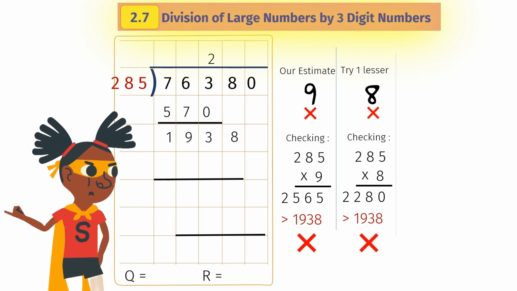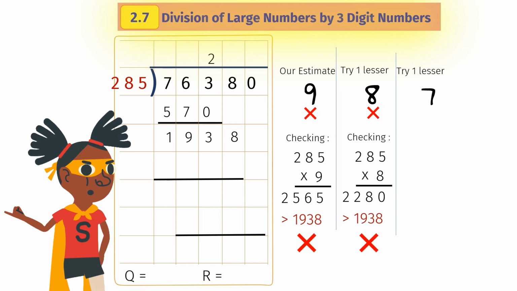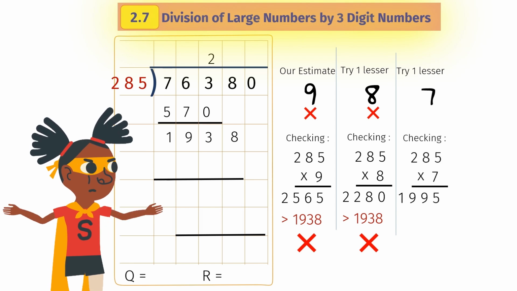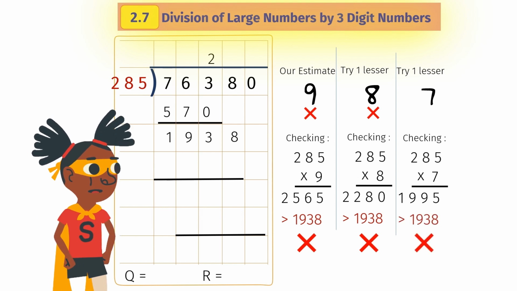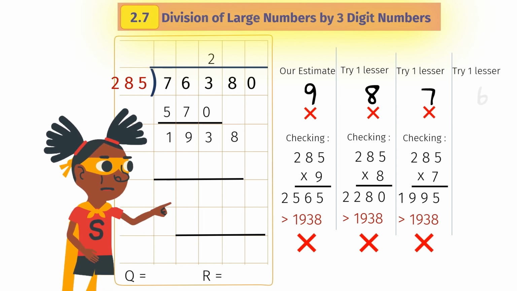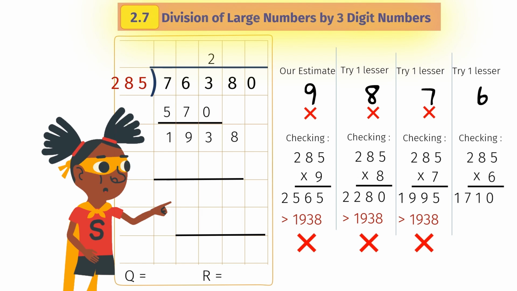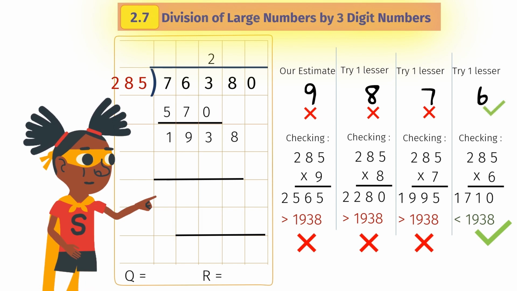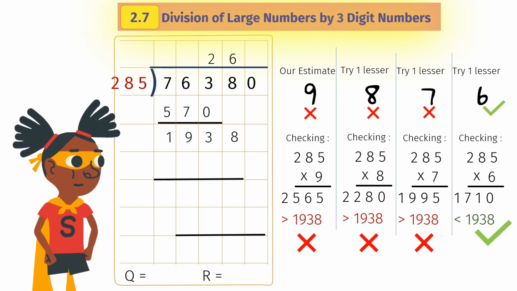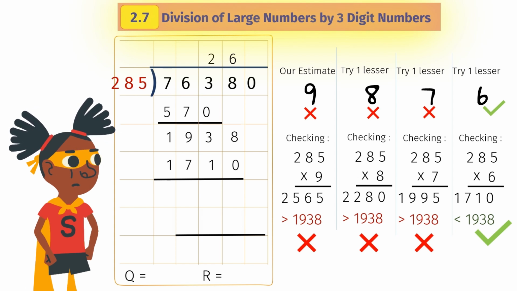So we again try 1 lesser. 285 into 7 equals 1995. This is again greater than 1938. So we have to check 1 lower. 285 into 6 equals 1710. This is lesser than 1938. So this is correct. We go with this.